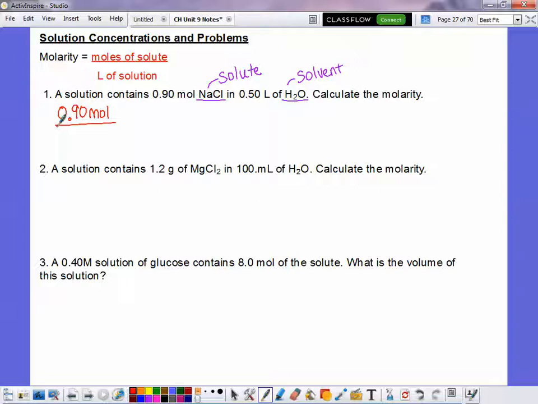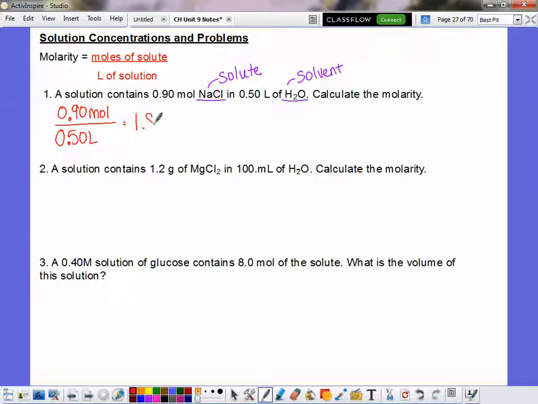So the bottom number, the liters of solution, will just be the volume of the solvent. And that's 0.50 liters. Okay. So go ahead and do that calculation, and we're going to get the concentration. What do you get? You should get 1.8.